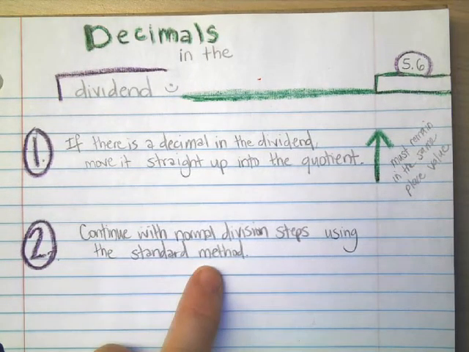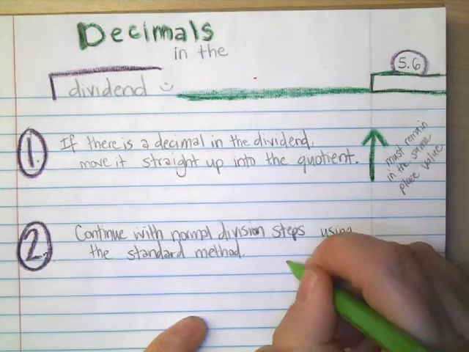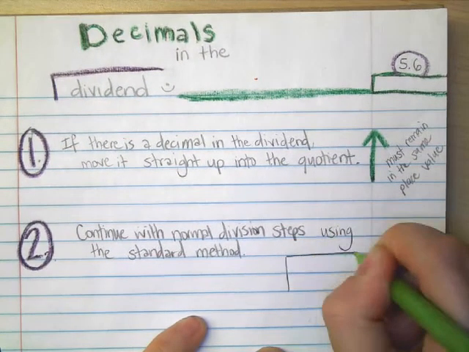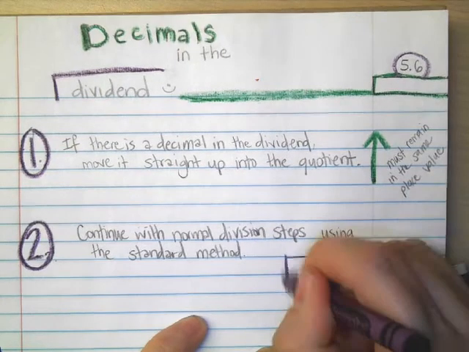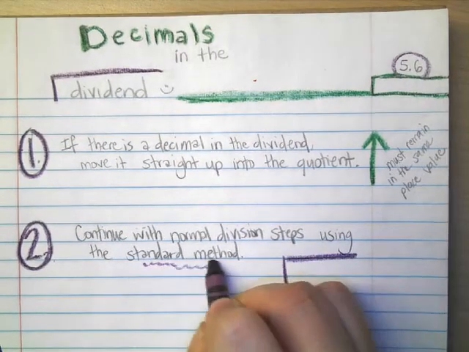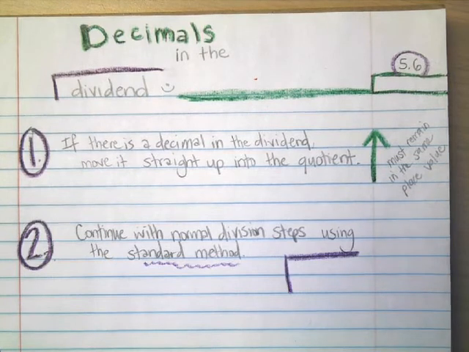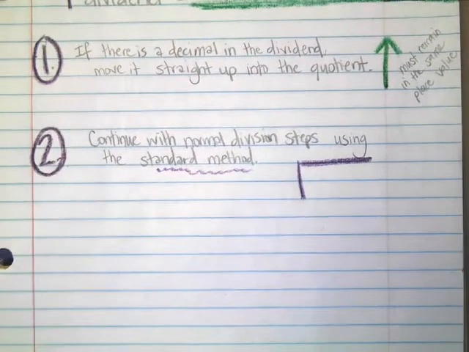Standard method means that we use the division box. That is standard method, long division, okay? That's what I mean when I say that. Okay, that really is it when it comes to adding additional things for what we have to do.